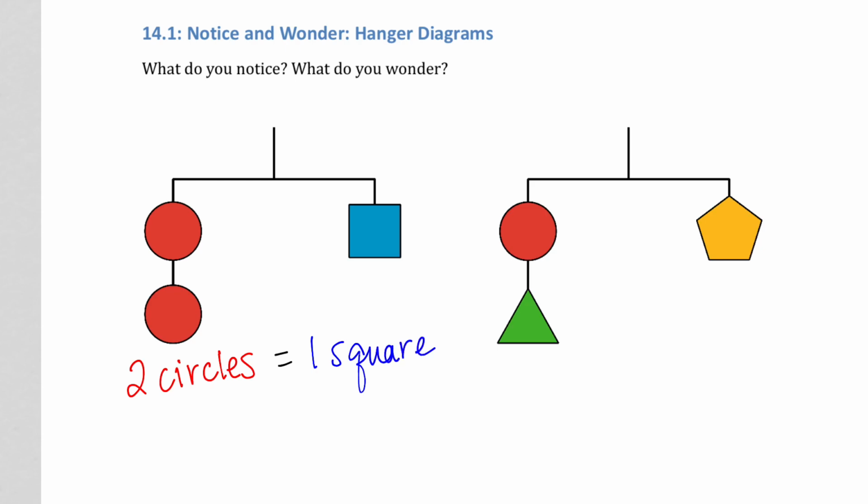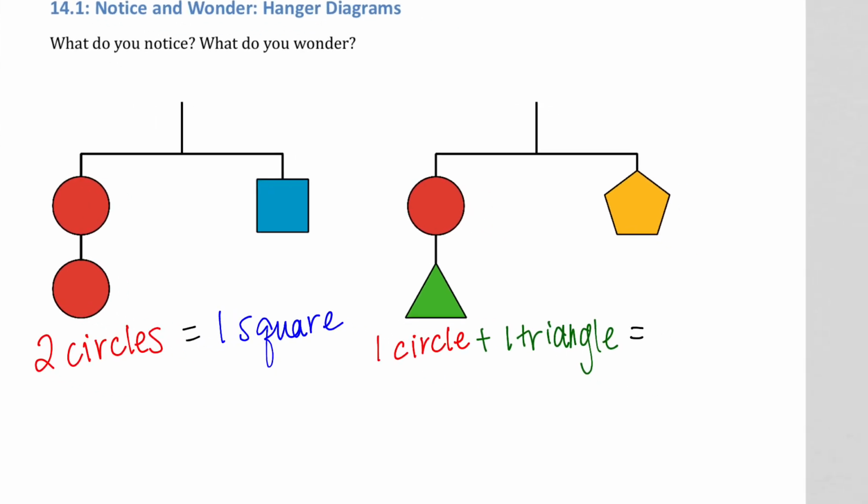Over here we have 1 circle and 1 triangle equals a pentagon. Okay.